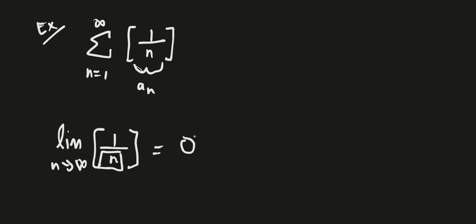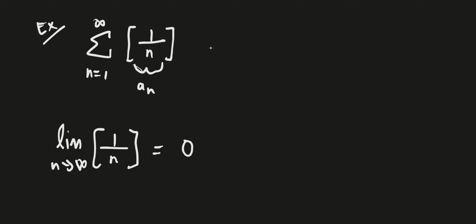Since it is 0, we cannot say that it converges, and we cannot say that it diverges, because it's not DNE or not equal to 0. So we actually cannot use the divergence test on the harmonic series.